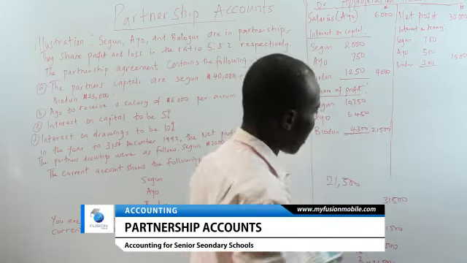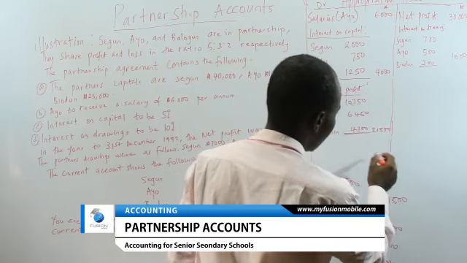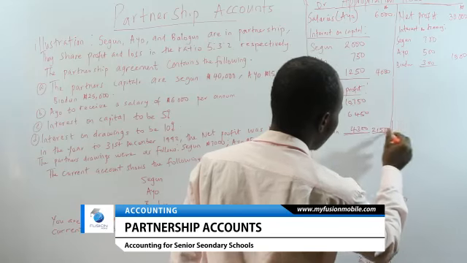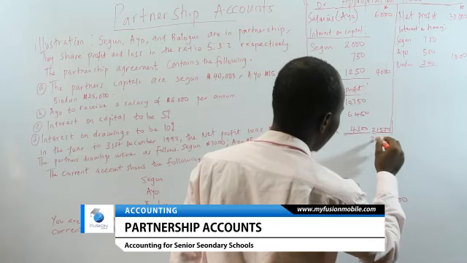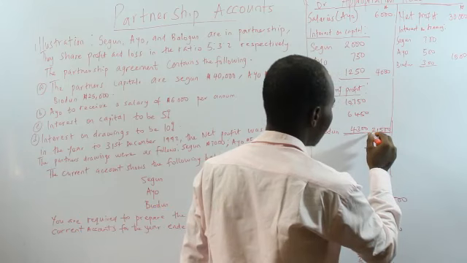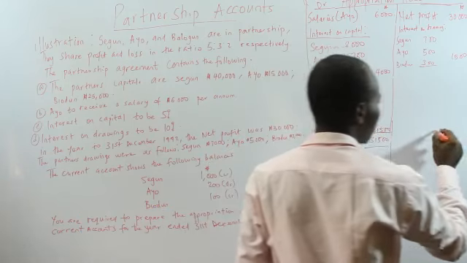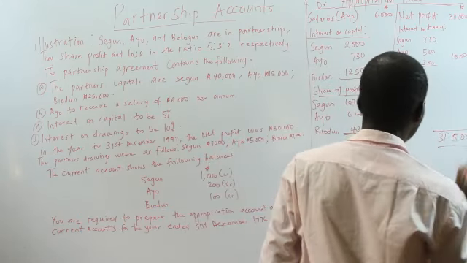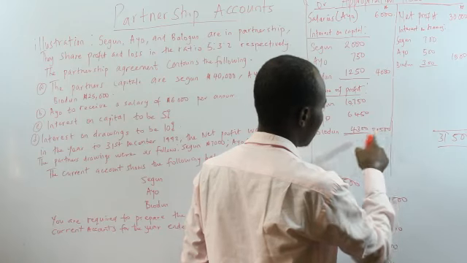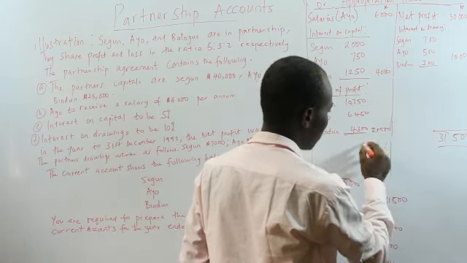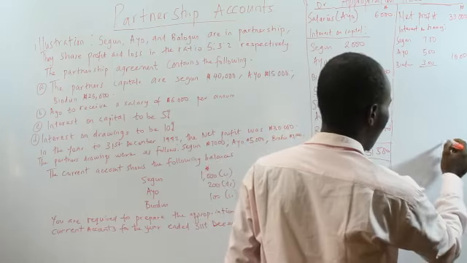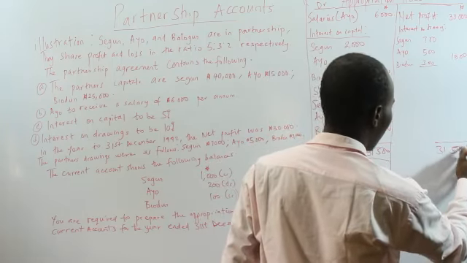When we add this together, that gives us 31,500 as our balance. So we have a balanced account, 31,500.